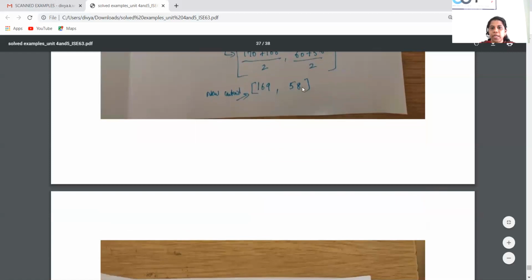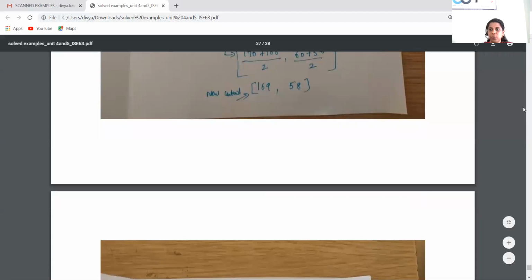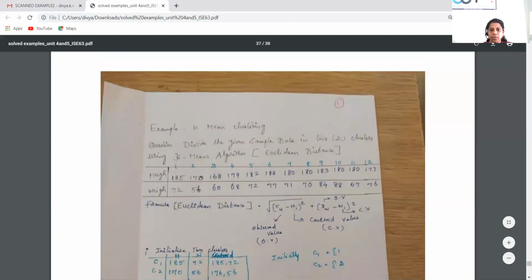So once we are getting a new centroid, and we are calculating the distance from each point to that particular point, we'll get a new cluster. So as we told, whenever we are getting a new cluster, we need to calculate the new centroid. That means we are going to calculate the new mean value. So here after that we'll get a new mean value as 169.58.